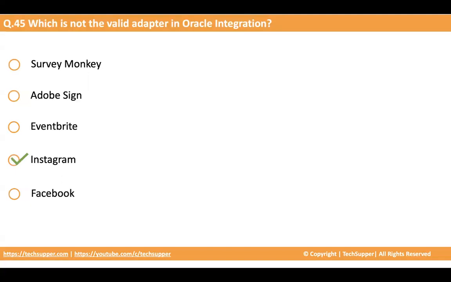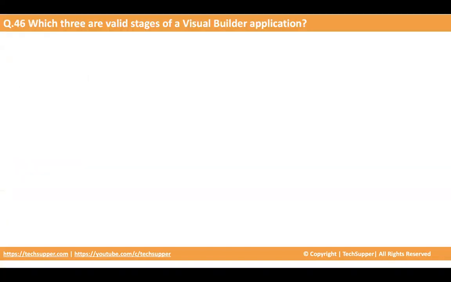Okay, let's get into the next question. Which 3 are valid stages of a visual builder application? So when you build the visual builder application, it goes through various stages. So let's look at the options: stage, live, UAT, and development QA.